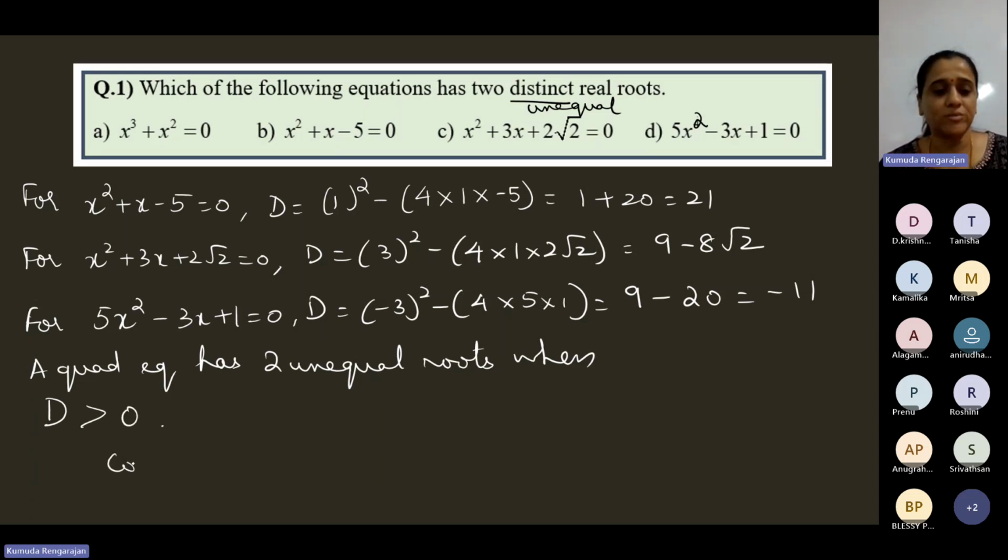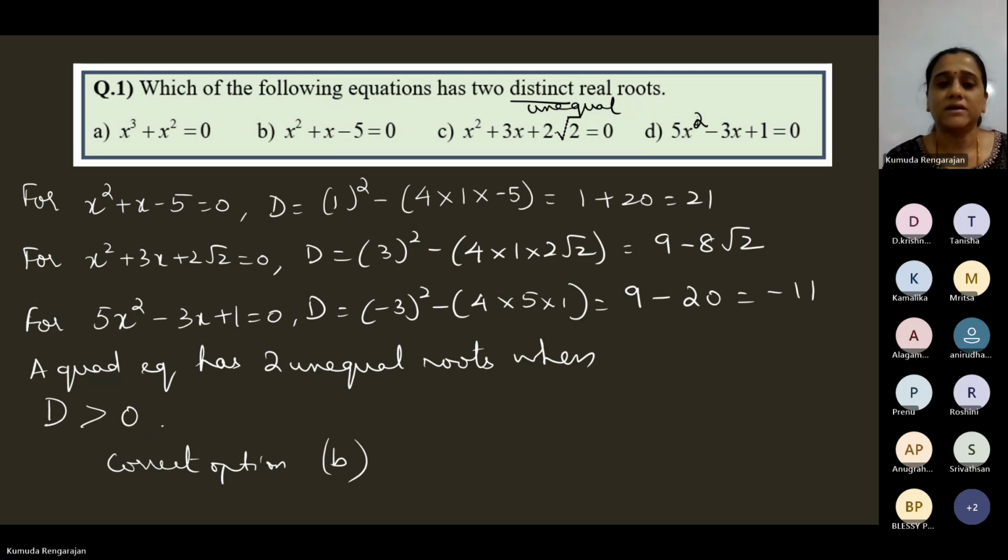Option B. So the correct option is B. Because in D it is negative, it's less than 0. In C also it is less than 0, it's negative. In B it is more than 0, it's positive. When the value of D is more than 0, the quadratic equation will have 2 unequal roots.